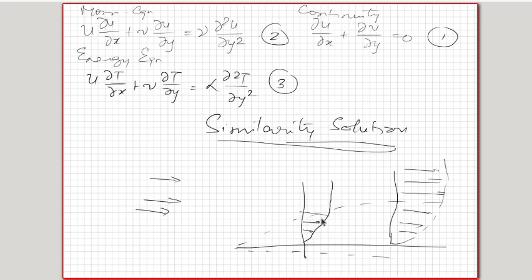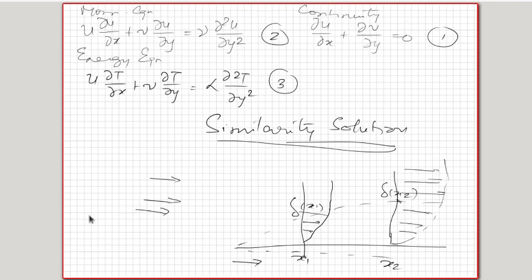So if I scale the velocity boundary layer thickness, if this is delta at x1, and this is x1, so this is the x direction, and this is, let's say, x2, the thickness is delta at x2.